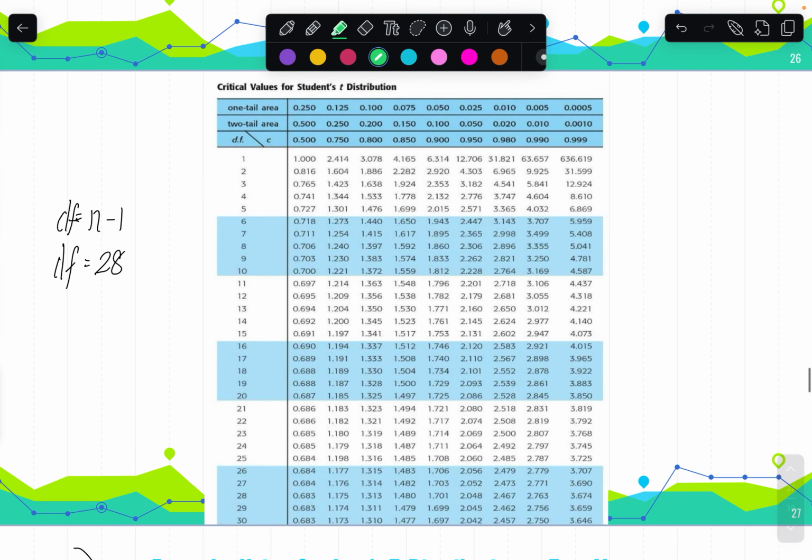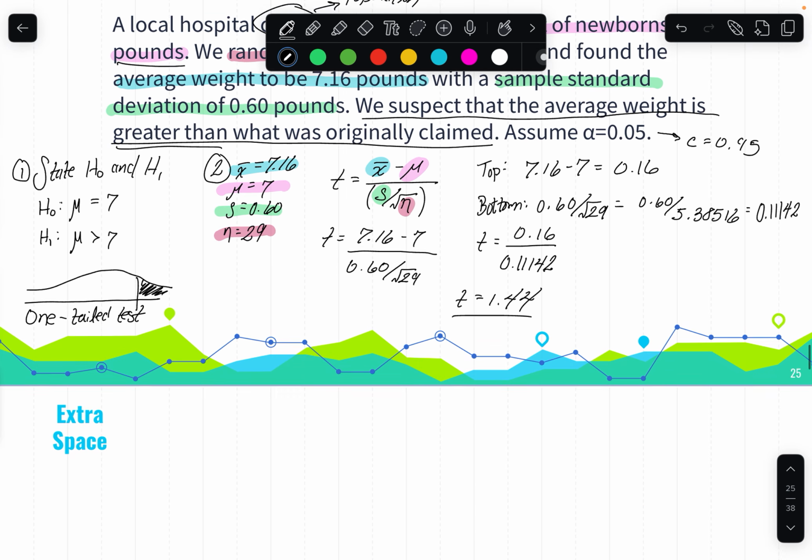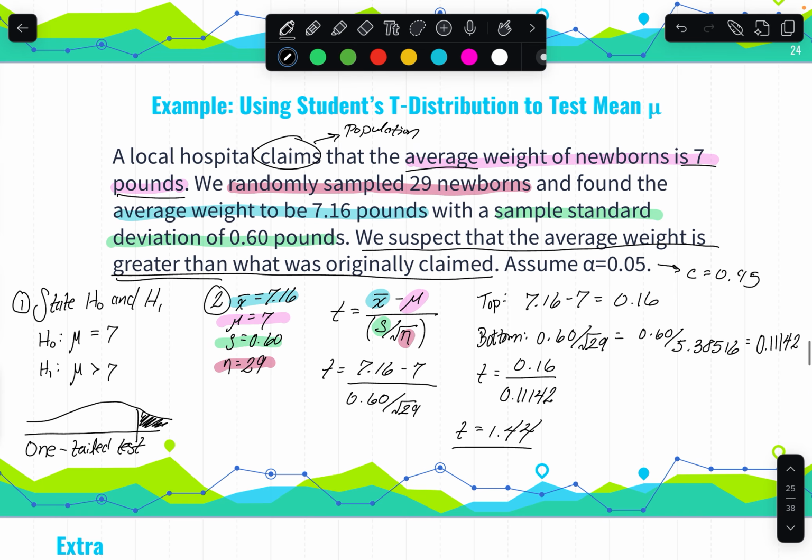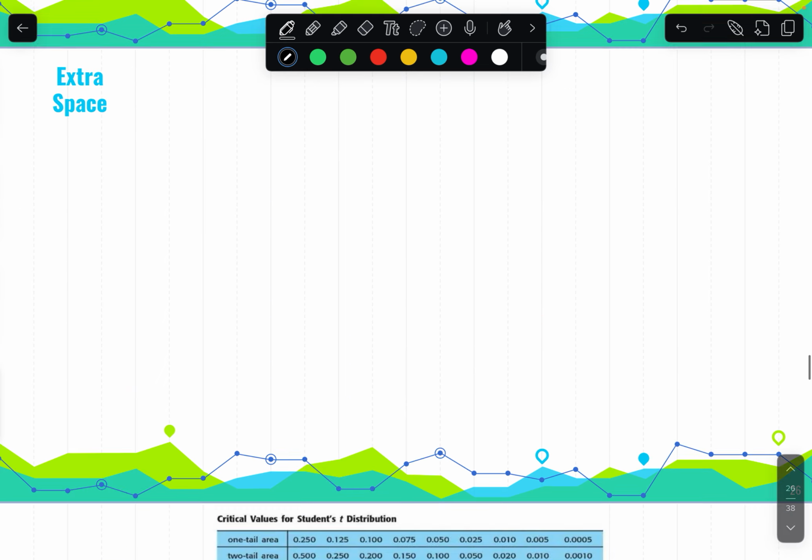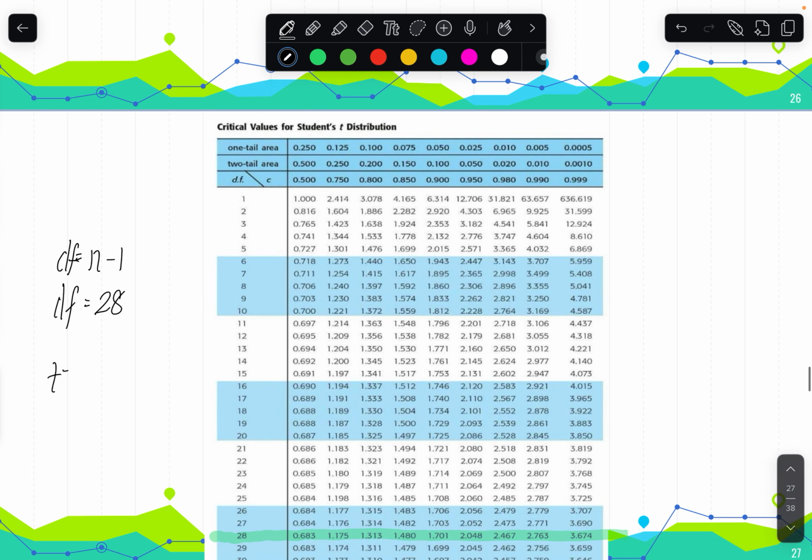With 28 as our degrees of freedom, we now want to look at the values inside the chart, because those are our critical t-values. Our t-value is 1.44.